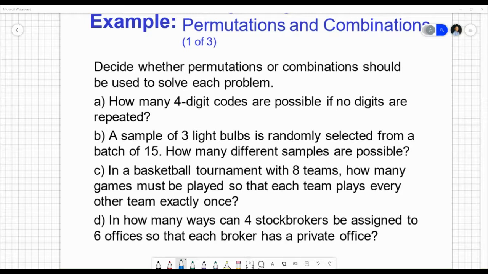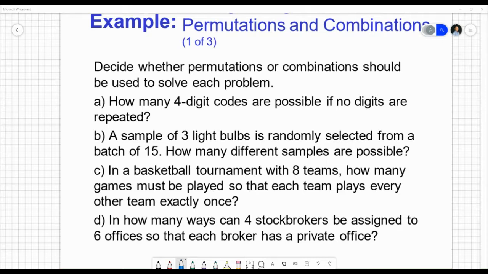Hey, Professor. Yes. On number C, because the teams can't play each other again, that means that the order matters, right? Each team plays every other team exactly once.